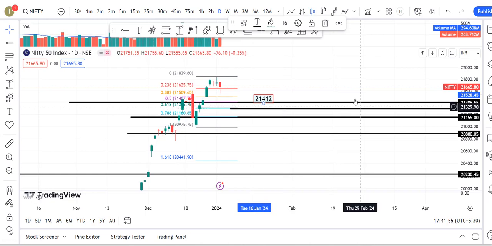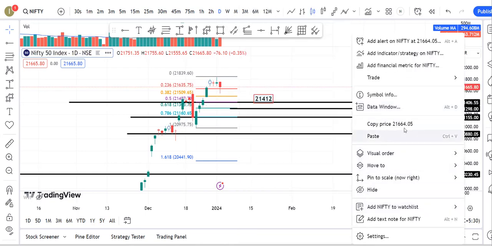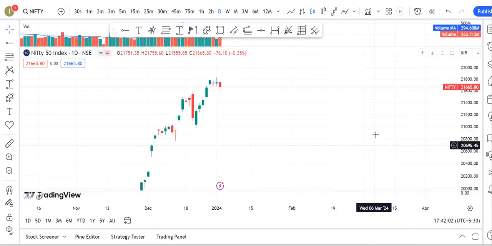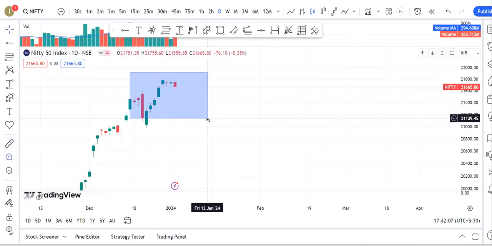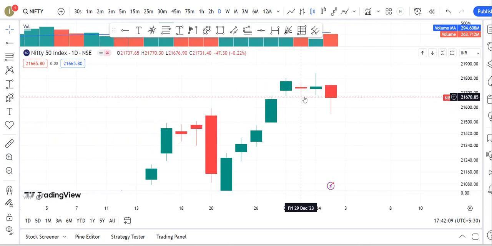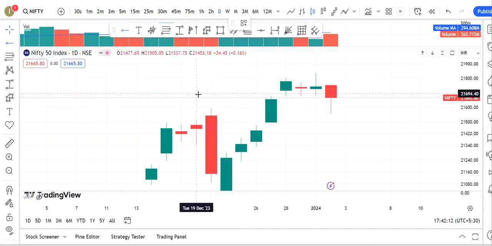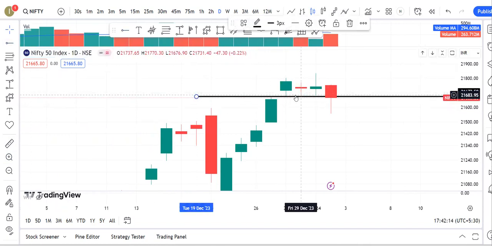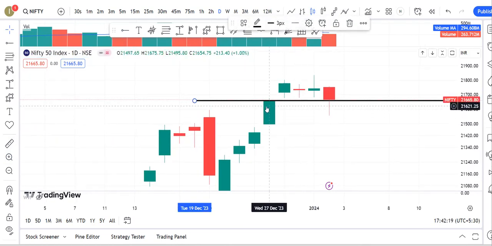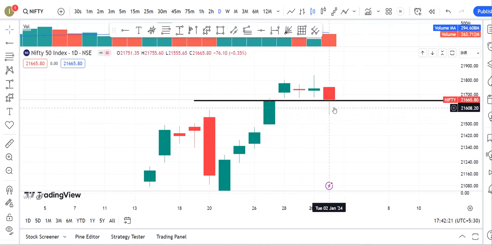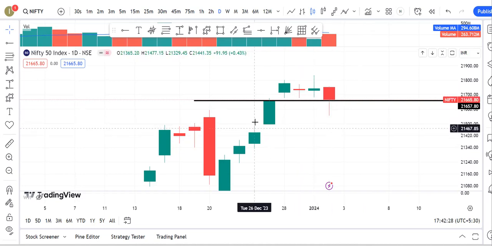Now, at present, let me remove all these drawings. If I see the candlestick pattern, this was the range, and this was the close of the big bull bar. Now, if you see the price action, the price has penetrated into this candle.